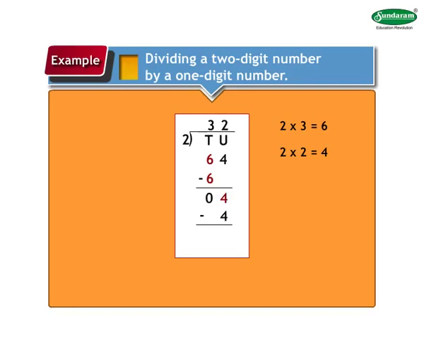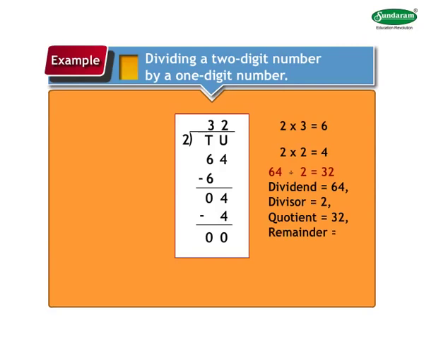Subtract the product 4 from 4 units. The remainder we get is 0. Thus, the quotient is 32. Hence, 64 divided by 2 is equal to 32. Thus, the dividend is 64, divisor is 2, quotient is 32, and the remainder is 0.